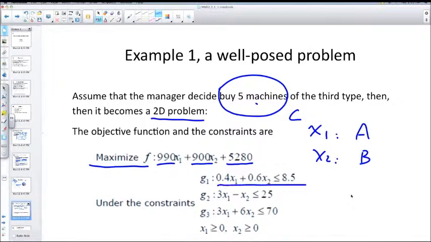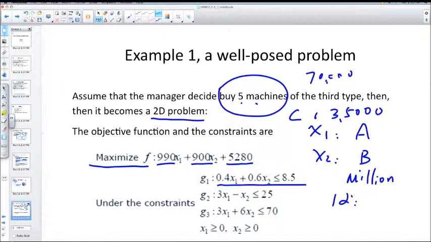Then the first constraint is really the investment, in millions of dollars. You start from 12 million, but the type C machine each costs 700,000. So 5 of them cost a total of 3.5 million, because of 700,000 times 5.